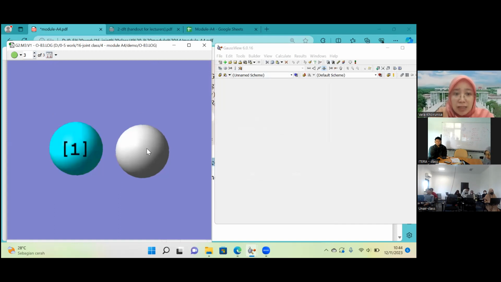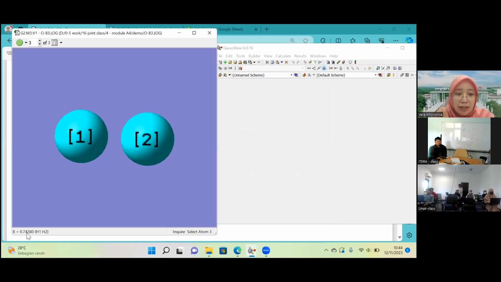So you can just click these 2 atoms and you will find the bond line. This is 0.74280. So this is the distance between H1 and H2, or R0 that we're looking for.